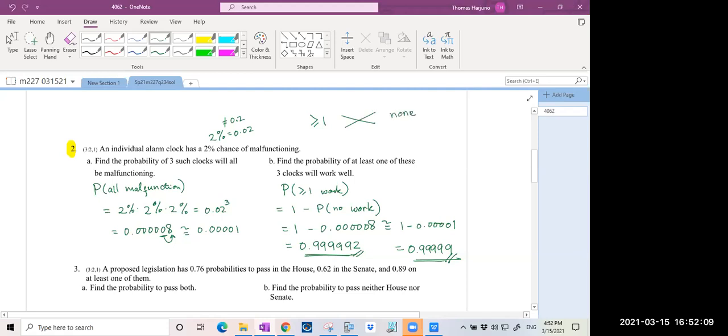At least one works is the complement of nothing works. But when we say nothing works, it means all of them don't work. So the event of all of them not working is already answered in part A. That's what we use here.